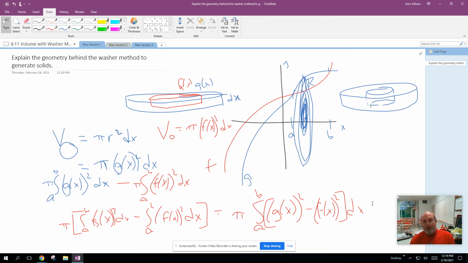I prefer not to memorize this formula. I prefer to use the geometry to think through this problem, because we can introduce problems that are very, very different. That way we consider each region, especially if these curves or regions are defined by more than one intersection, and we need to be sure to apply the geometry. But this is basically how we do it. And if you're into memorizing formulas, this is the formula for the washer method.